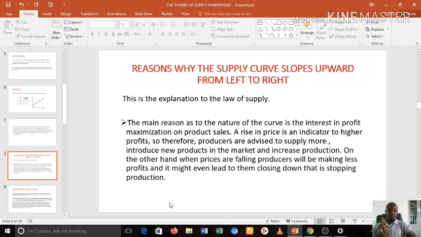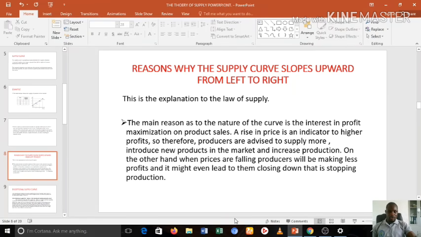So there's just one reason as to why the supply curve will slope upward from left to right, and this reason is simply the interest in profit maximization. Producers or suppliers will always be willing to supply more when prices are high. Because they want to supply more, they will be willing to produce more. That is, because they have the objective to make profits, they will increase production and then supply more products in the market. Are we there?